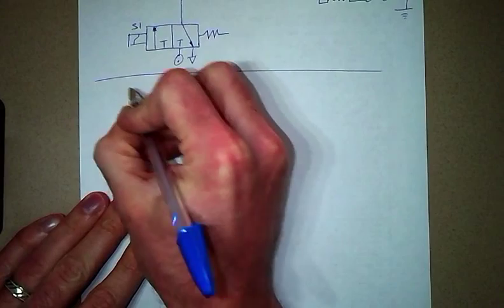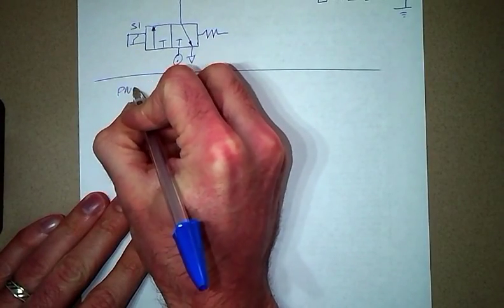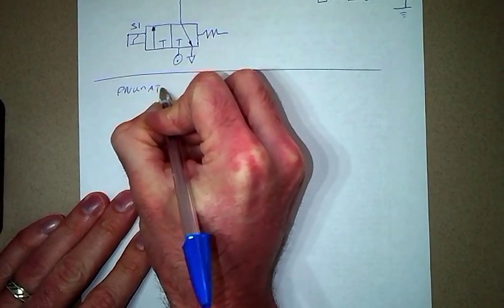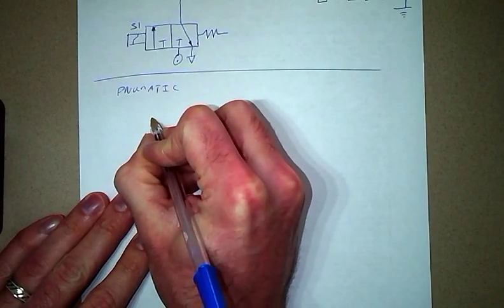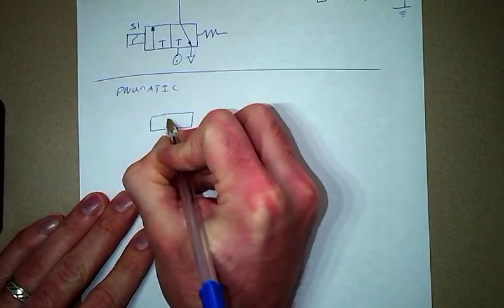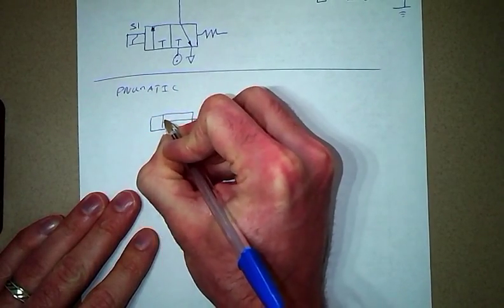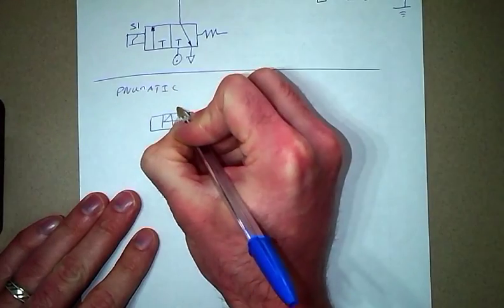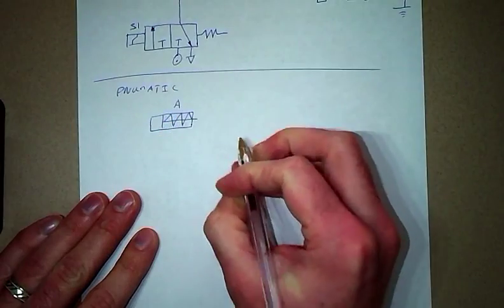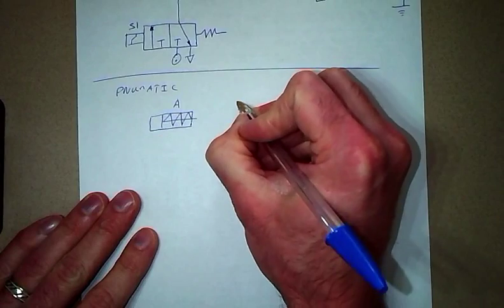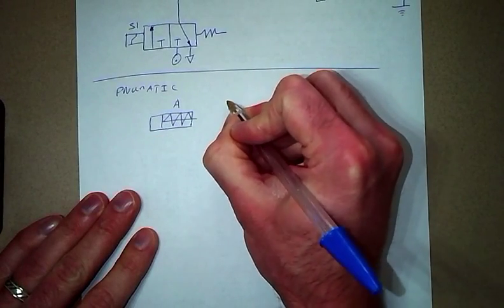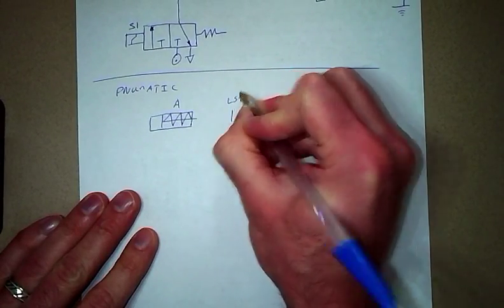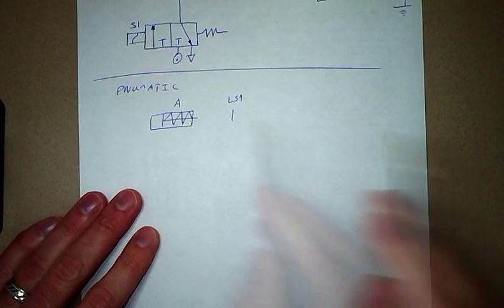So we'll start off this drawing with the cylinder, and again label it, so cylinder A. And out here there's a limit switch, which I labeled LS1.